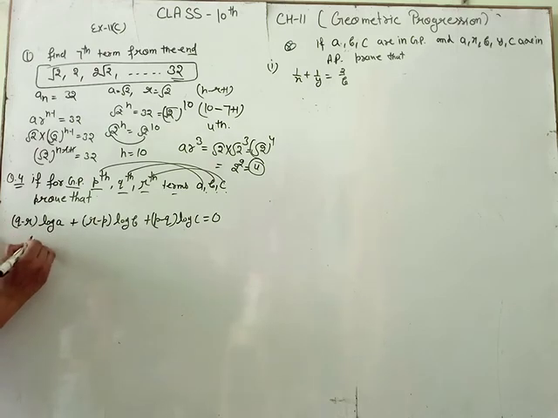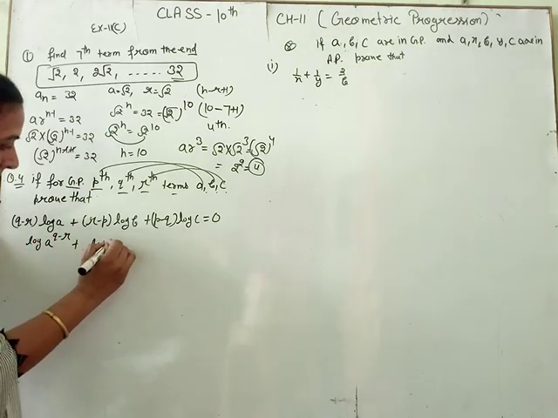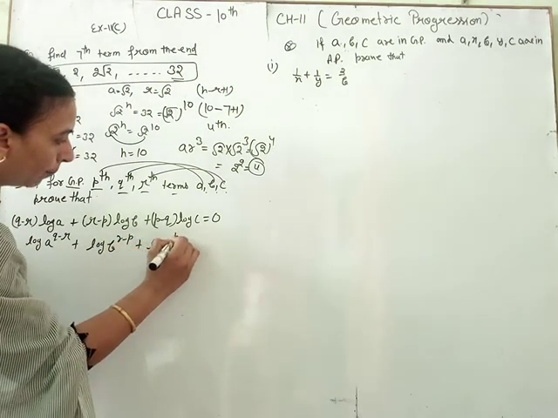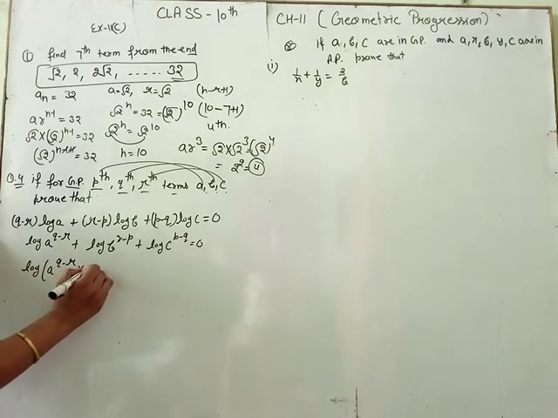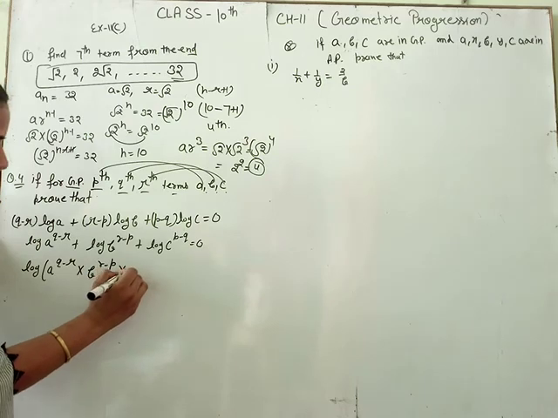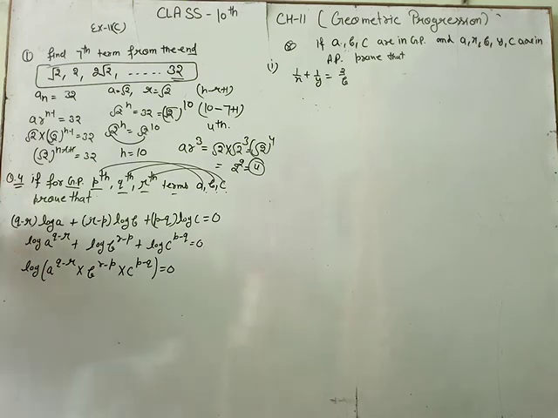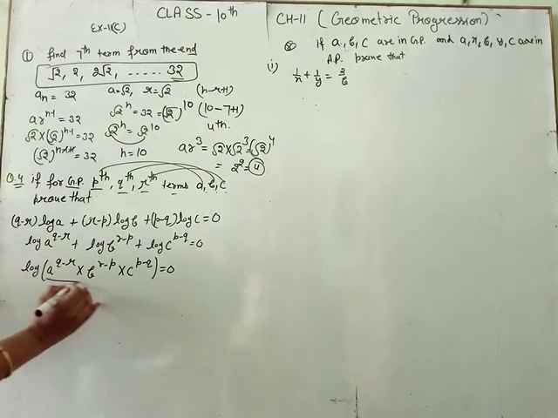We write log of A raised to the power q minus r, then according to the power law, B raised to r minus p and C raised to p minus q. According to the product law, log of A^(q-r) B^(r-p) C^(p-q) equals 0. For this we have to show that this equals 0.